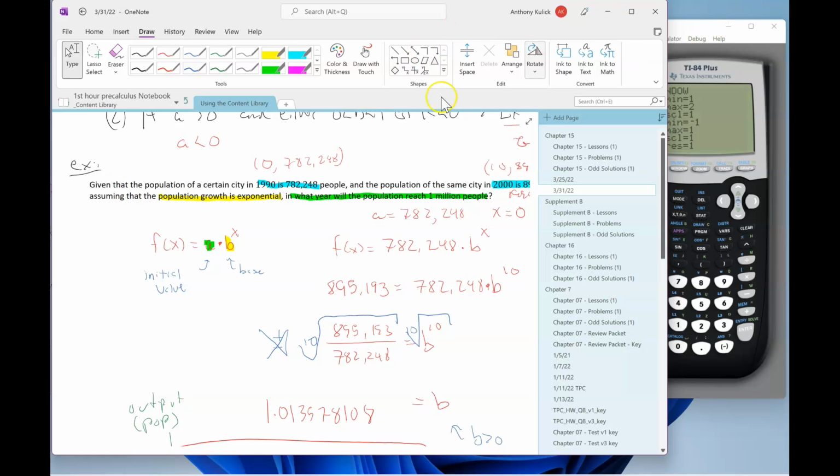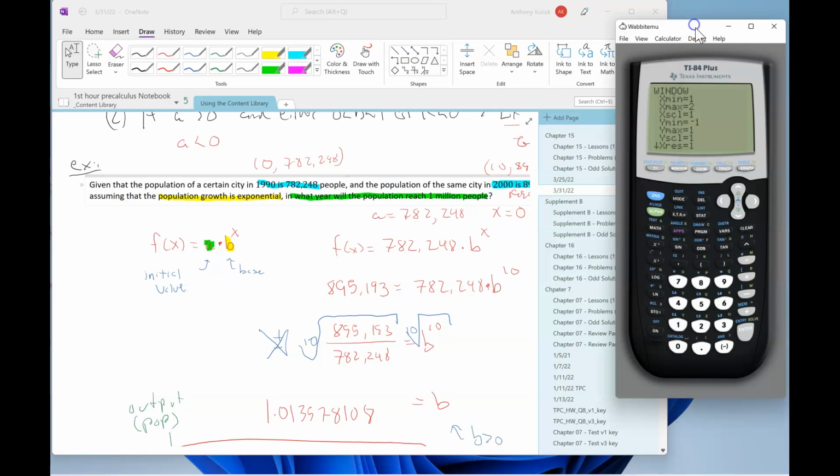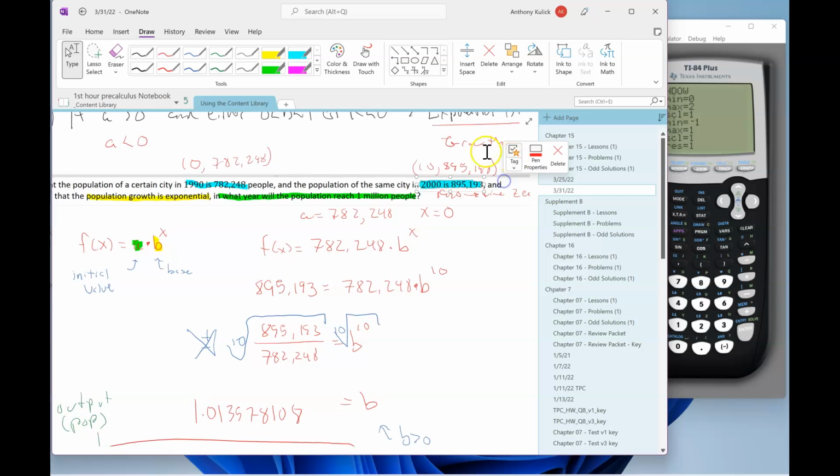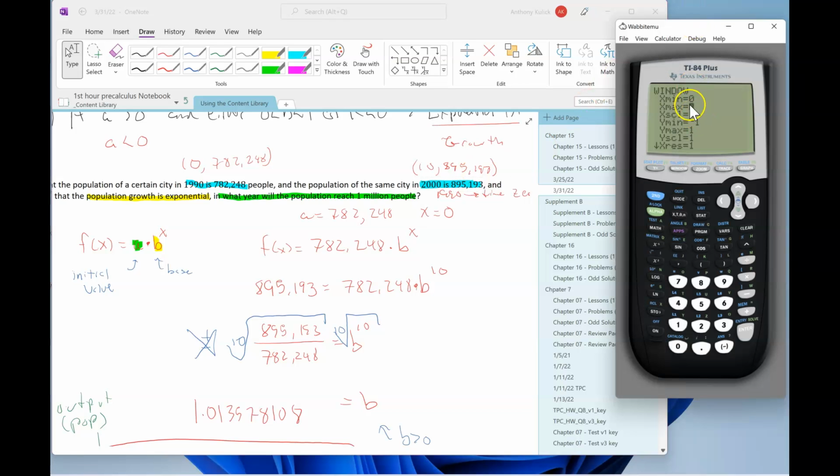So my x minimum is going to happen at 0. Everybody feel good there? Okay. And then we also included the point 10 and 895,000. So I know the x max has to be at least 10 because we're not yet to a million. Everybody agree? So I know the x max needs to be bigger than 10. I don't know how much bigger than 10.